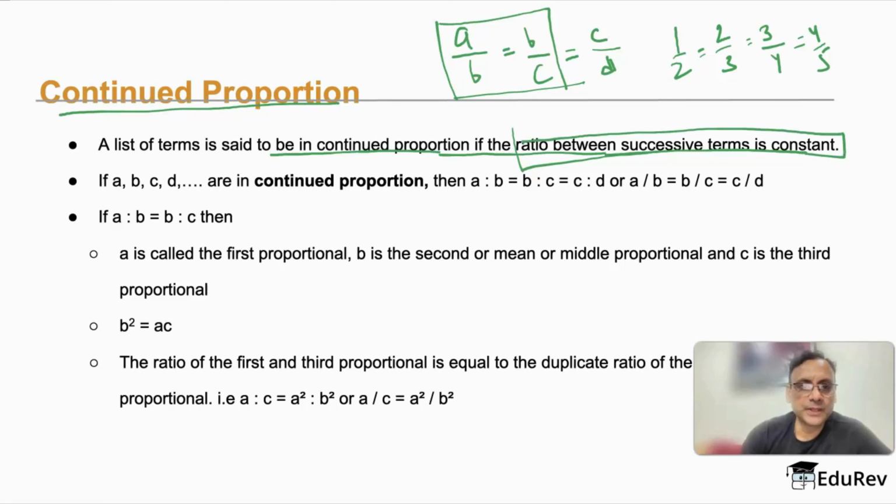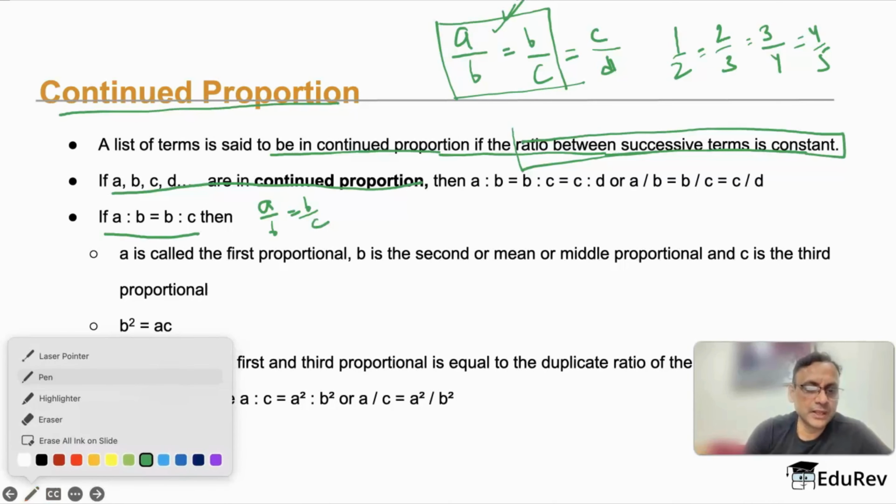So you can see here A is to B is equal to B is to C. Then A, B, C, D will be said to be in continued proportion. And when A is to B is equal to B is to C, which is the same as saying that A by B is equal to B by C, understand these few terms very carefully.